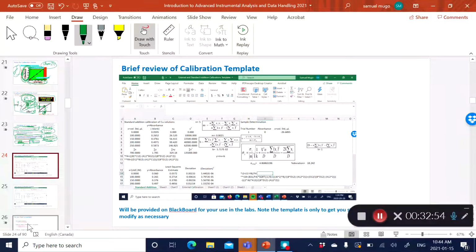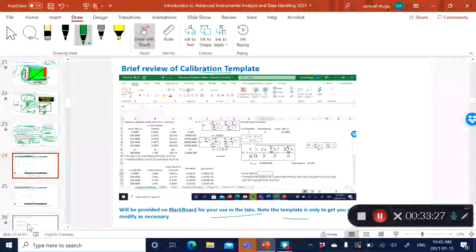So for your least squares method, as well as calibration charts, I'm going to give you a calibration template, which is already posted on Blackboard, and you can use it for all your labs, including the dry lab, which will be posted fairly soon. Take note of this. The template is only meant to get you started, so you need to understand what's happening on the template and modify it appropriately, so that you can get the correct result.